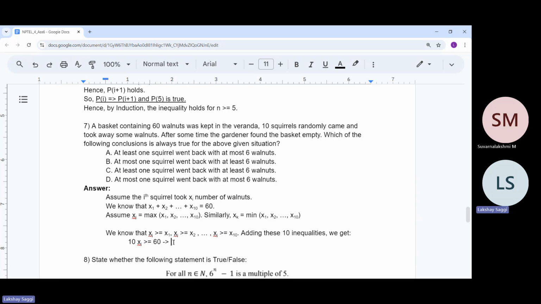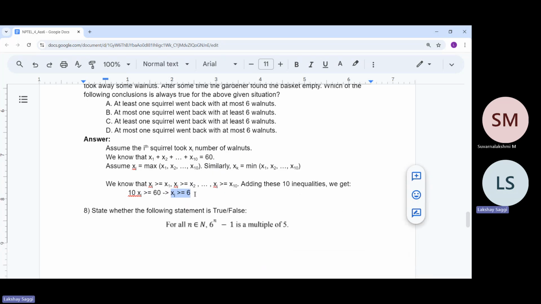And what does this imply? This means that xj is greater than or equal to 6. What does this mean?